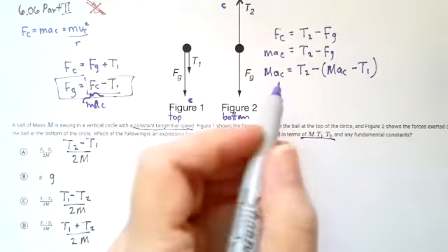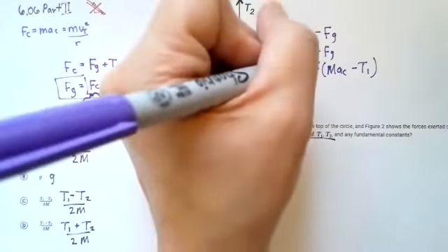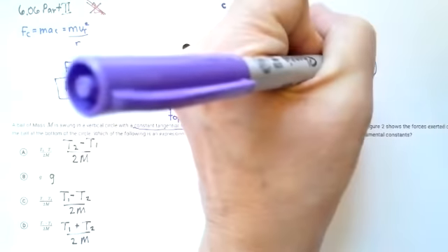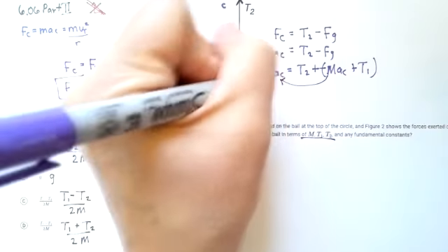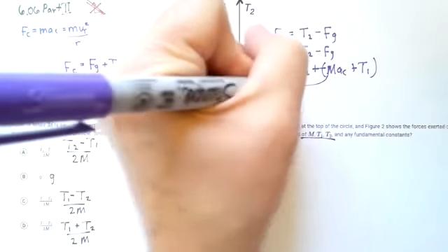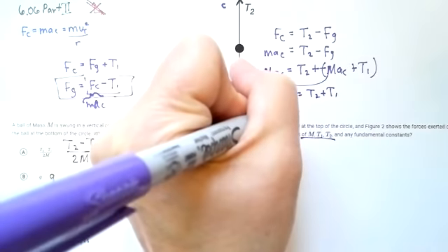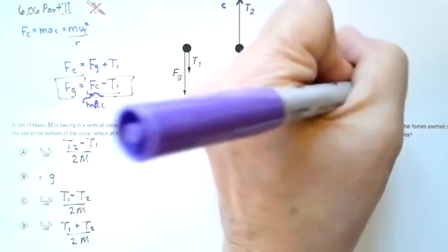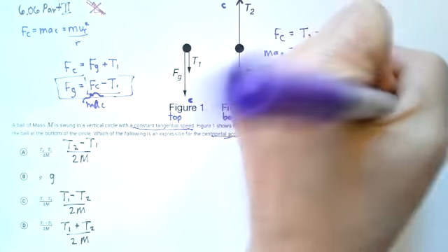And all I have to do now is put centripetal acceleration by itself in order to come up with the equation that I need. So I'm going to add the opposite, and if I bring this over, that's 2m AC equals T2 plus T1. Then I divide both sides by 2m. I end up with centripetal acceleration equals T2 plus T1 over 2m.